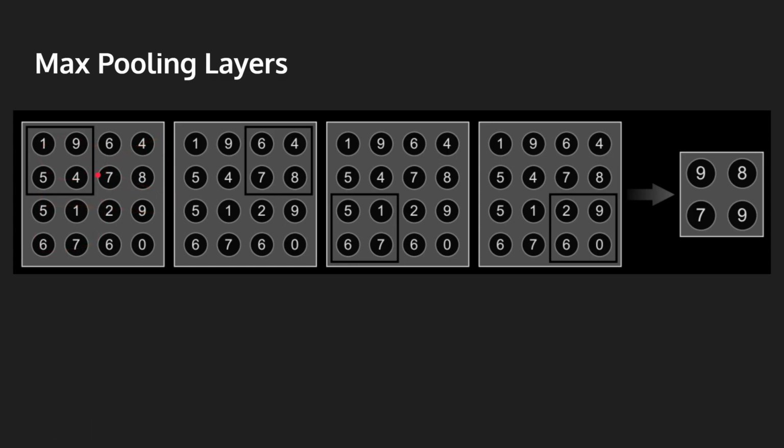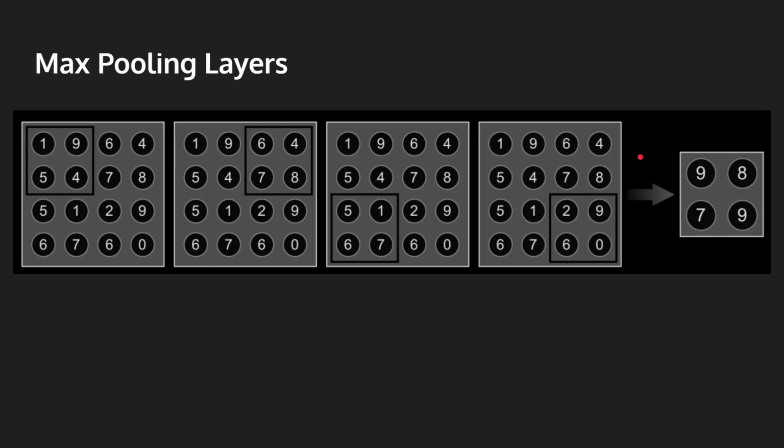And we're basically taking the largest value in every kernel that we slide over, right? And it's a common practice to add max pooling layers or pooling layers in general after convolutional layers to reduce the dimensionality, right? So this will give us a 2x2 image instead of a 4x4 image, right?